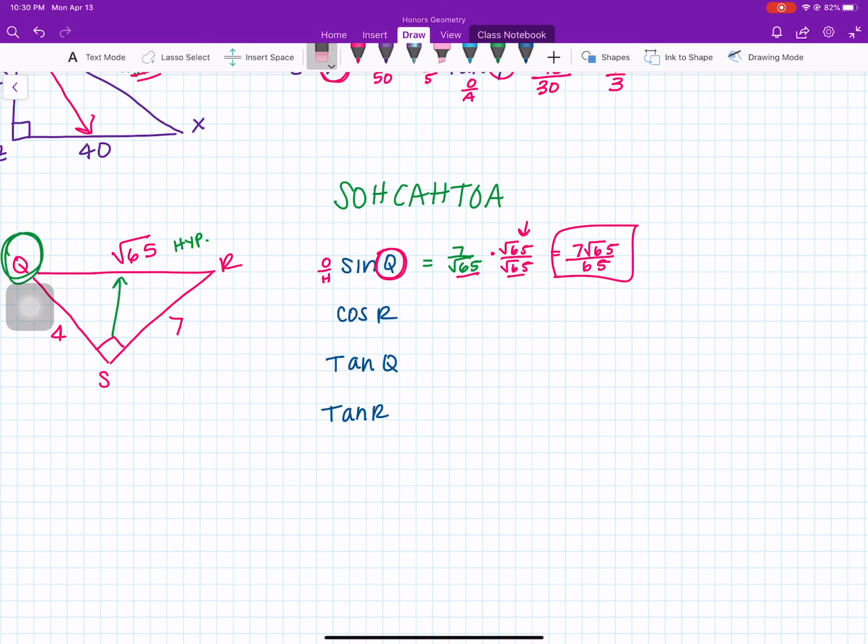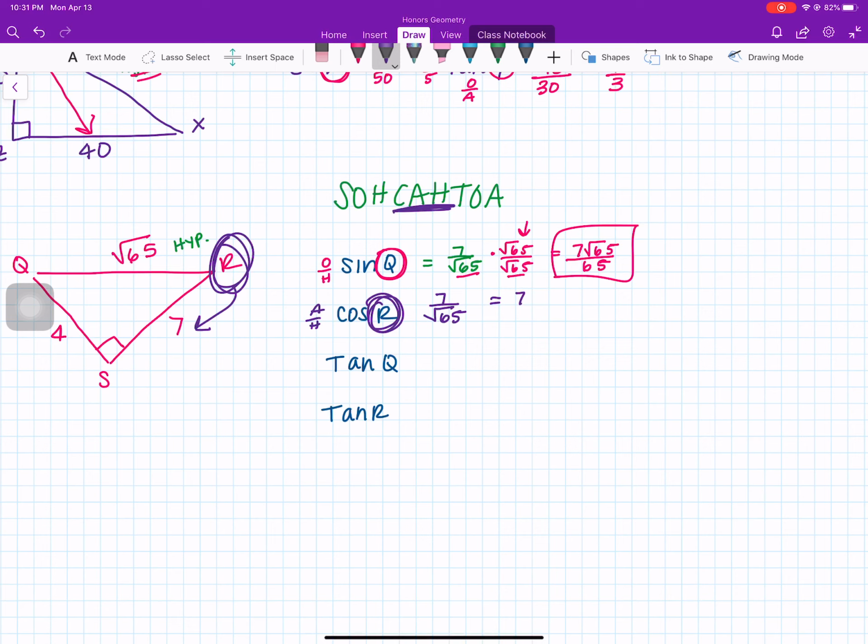Let's look again. This time we want the cosine. Cosine is adjacent over hypotenuse. And I'm looking at angle R this time. So here's angle R. I want the adjacent side to R, not the hypotenuse, because that's the square root of 65. The adjacent side to R is 7. And then I have the square root of 65 on the denominator.